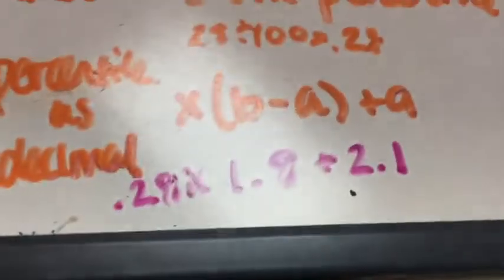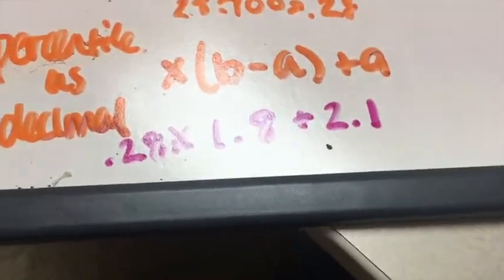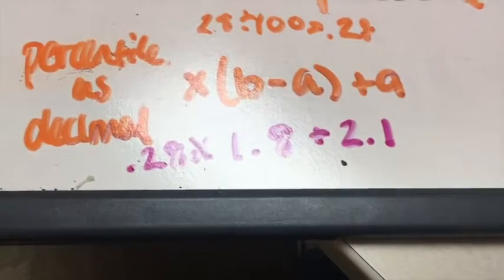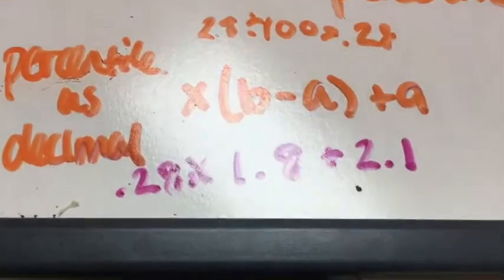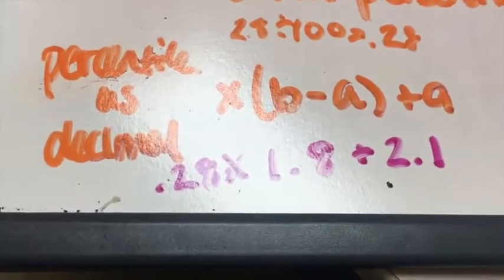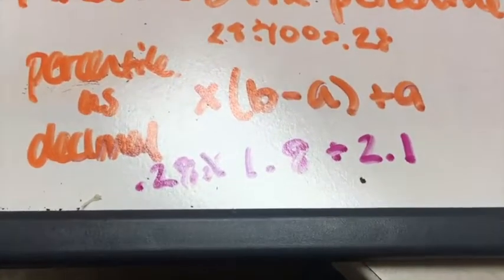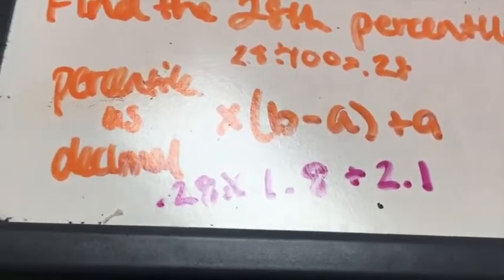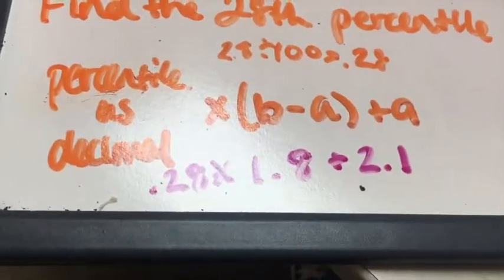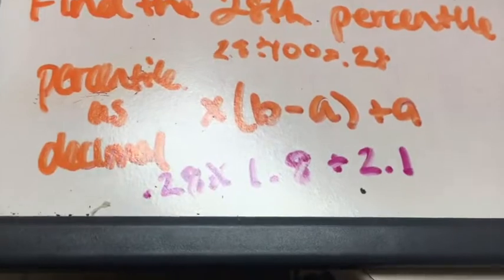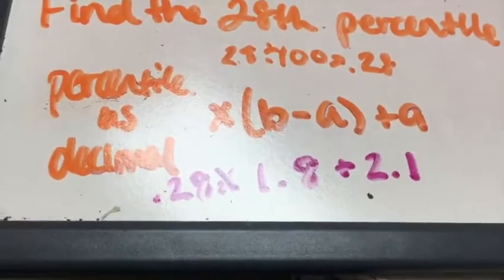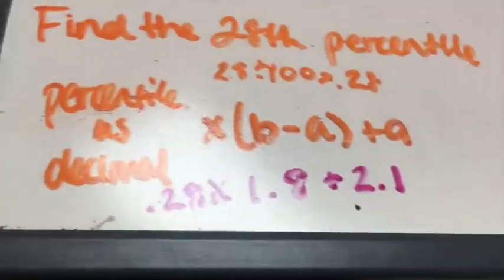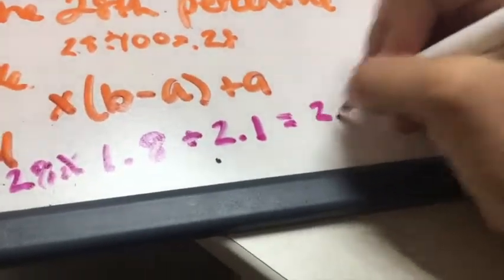So I'm going to do the multiplication part first. 0.28 times 1.8 is 0.504, plus 2.1, and that is going to be 2.604.